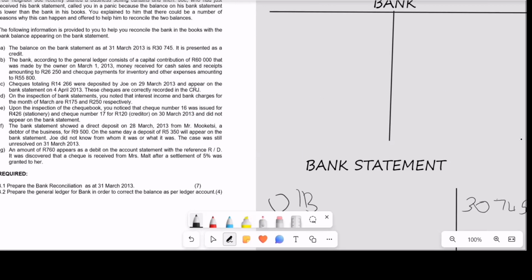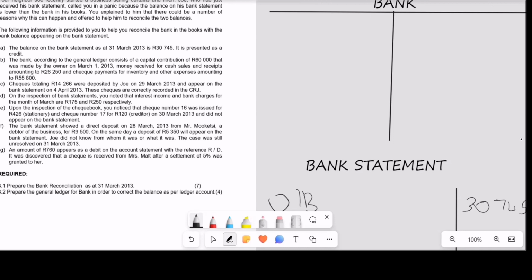Let's continue. The bank, according to the general ledger, consists of a capital contribution of 60,000 that was made by the owner on the 1st of March 2013, money received for cash sales and receipts amounting to 26,250, and check payments for inventory and other expenses amounting to 55,800. Here, guys, you must pause. This amount is not the amount in the bank statement. It's the amount that the owner contributed. So they are trying to tell us that this is the opening balance of our bank, basically our cash journal.